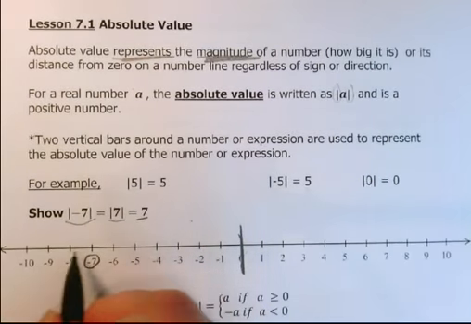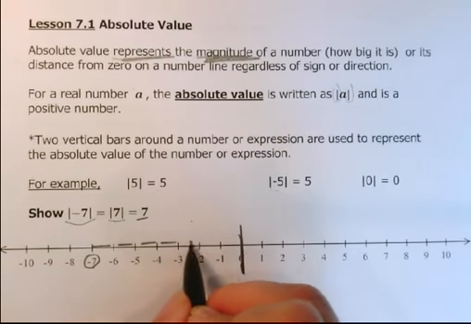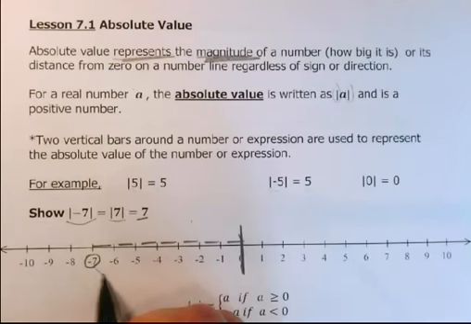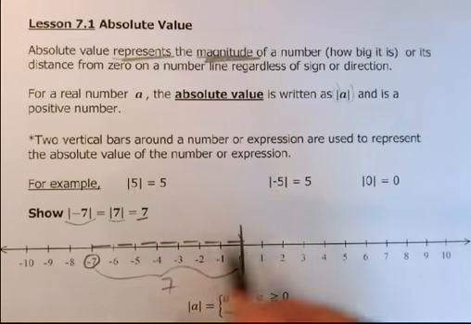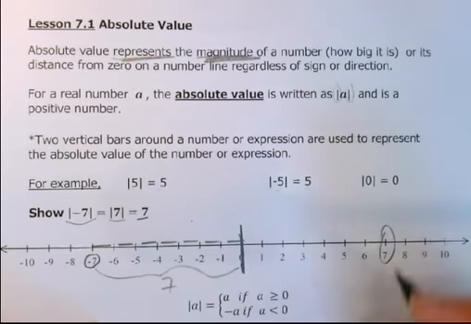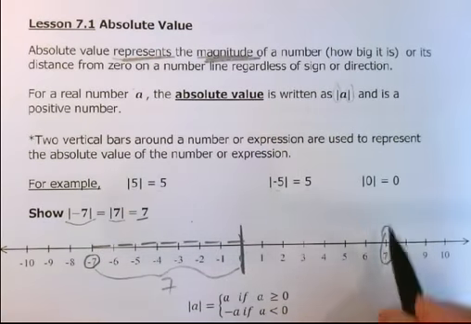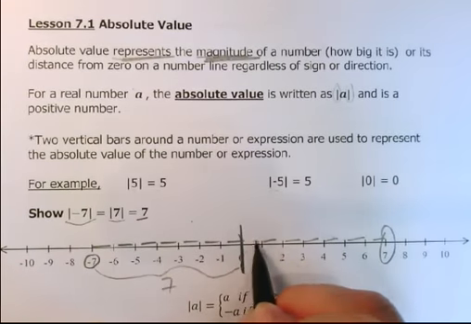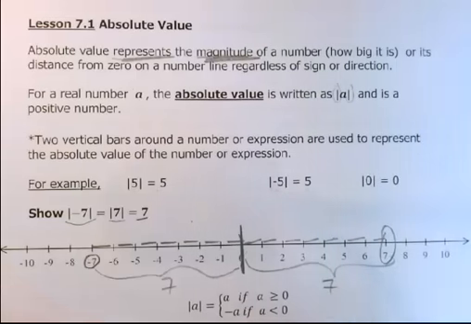Well, if we count 1, 2, 3, 4, 5, 6, 7 units away from 0, the answer is 7 units. And if we look at where 7 is right here, how far away is it from 0? Well, 1, 2, 3, 4, 5, 6, 7. So this is also 7 units away from 0.